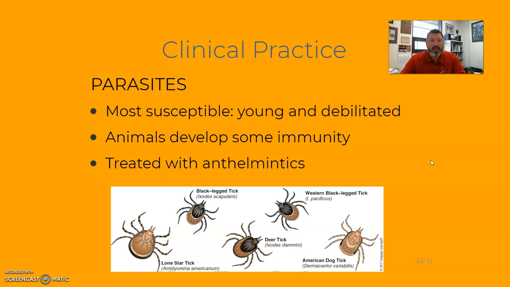But as an animal ages, as we age, we develop some immunity, and therefore some of that becomes less problematic or less clinical as we go along. Parasites are treated with what we call anthelmintics, and those can be applied as a pour-on, they can be injectable, they can be oral, a number of ways that we can apply anthelmintics for treatment of parasites.